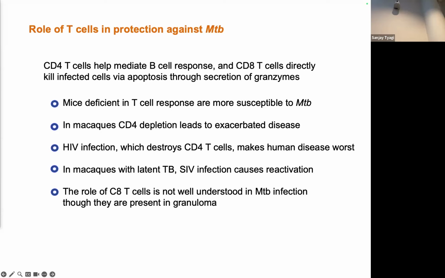So if you delete, for example, the gene for the CD4 receptor in T cells in mice, or if you delete MHC, the mice become very, very susceptible to TB. And this is the work from Joe and Flynn.